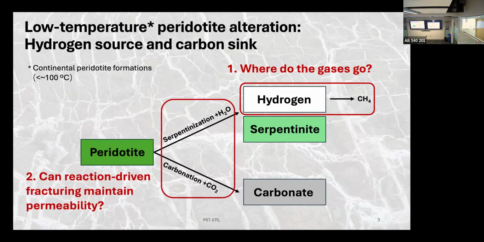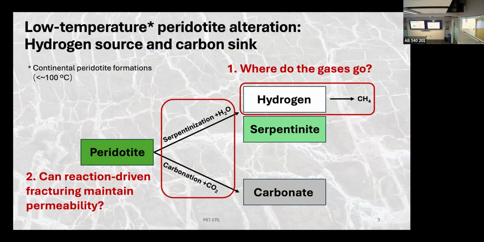These two reactions are both reactions between fluids and rocks, and therefore require constant contact between the fluid phase and the rock phase. However, through the reaction process, the reaction products, namely the serpentines and the carbonates, will inevitably accumulate on the reaction surfaces, and that can gradually reduce the reaction rates and potentially halt the reaction.